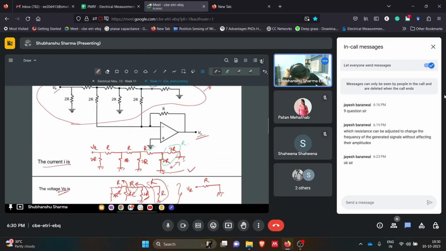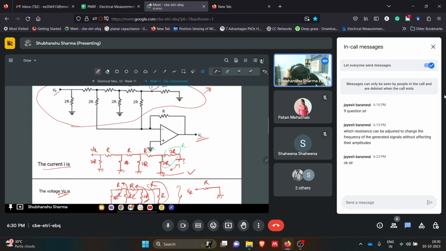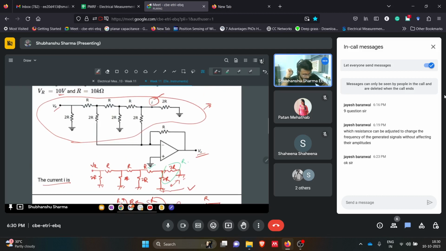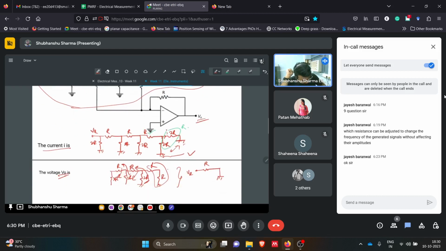Now again, what was the current here? This was I in this branch. If these two have the same resistances, then we can say here it was also I and here it was 2I. We can do that because these have the same resistances, so the current is distributed equally into each branch.